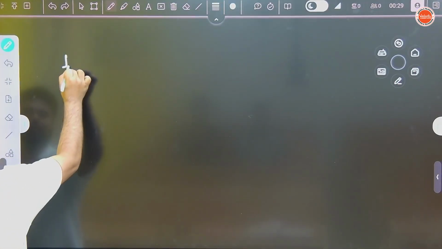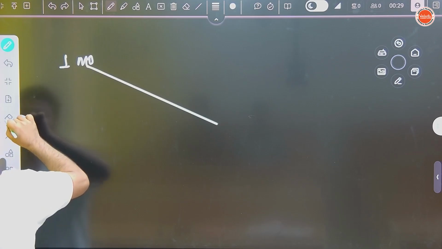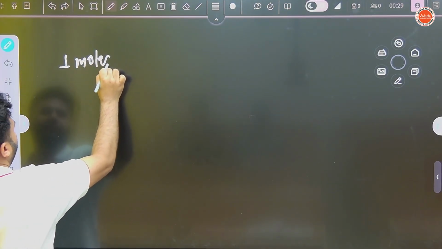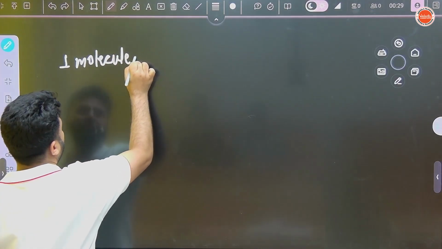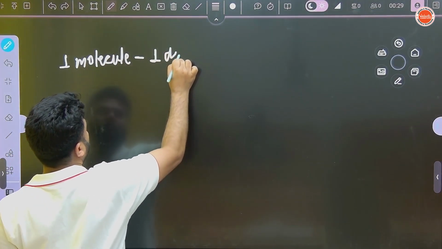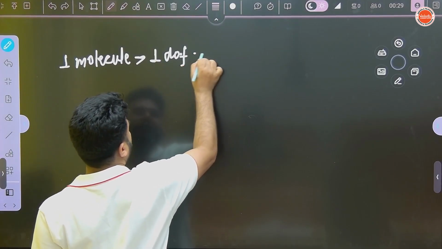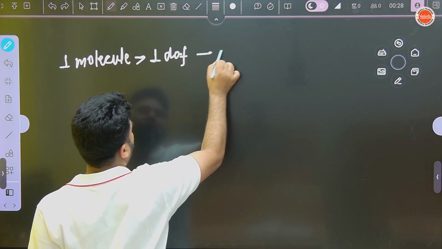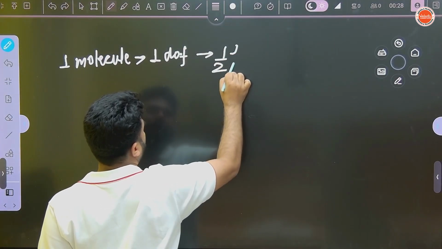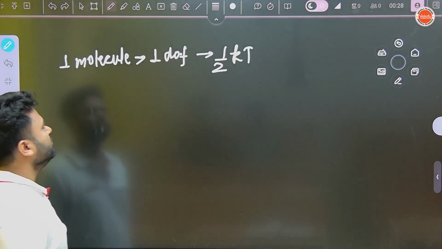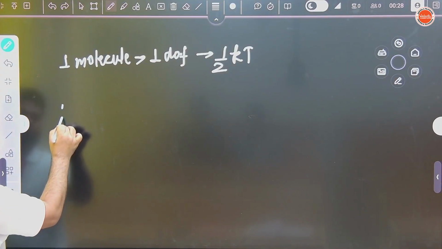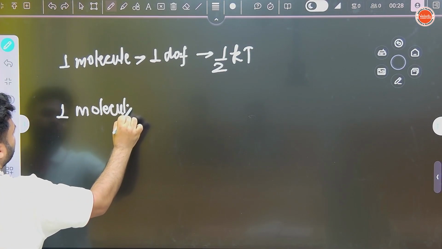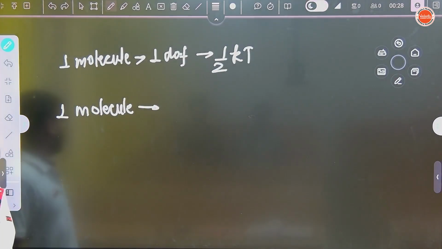Like one molecule, 1 degree of freedom, energy is half kT, from the law of equipartition of energy.